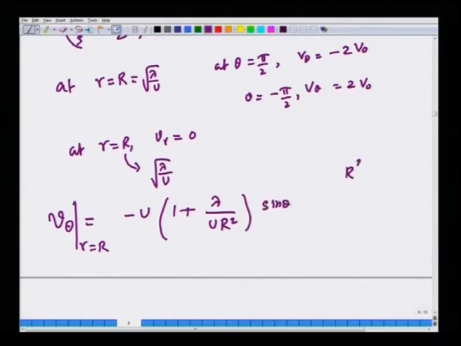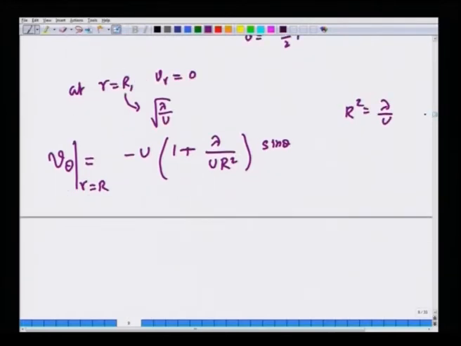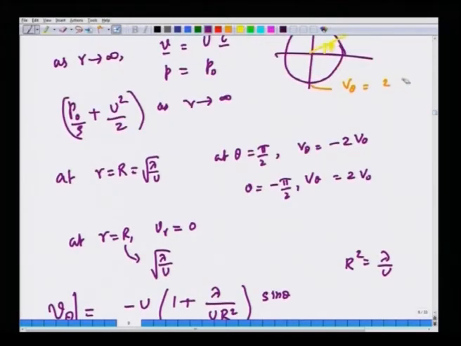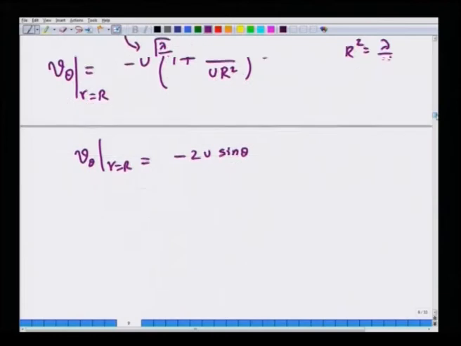Now, R squared is nothing but lambda by u by definition, that is how we defined the radius of the cylinder. So v theta evaluated at the radius of the cylinder is minus 2 u sin theta. This u is the free stream velocity far away.